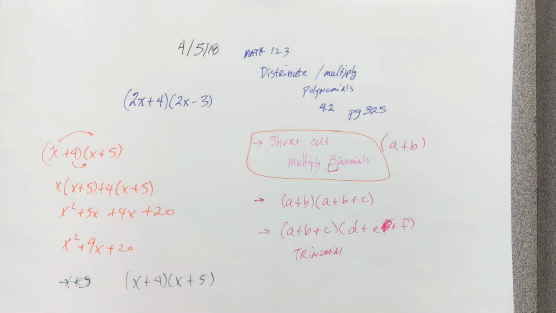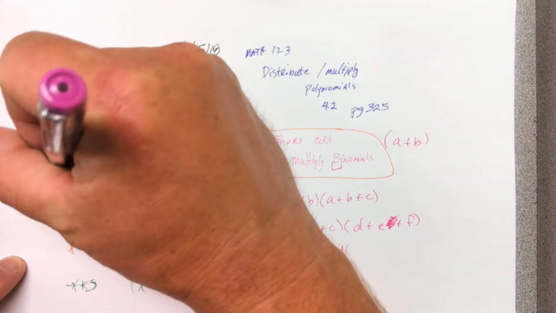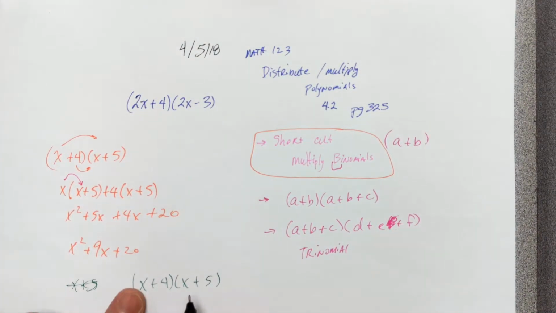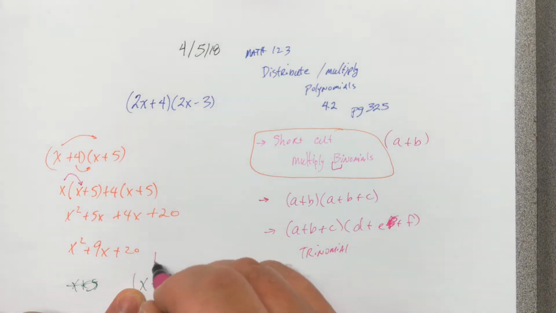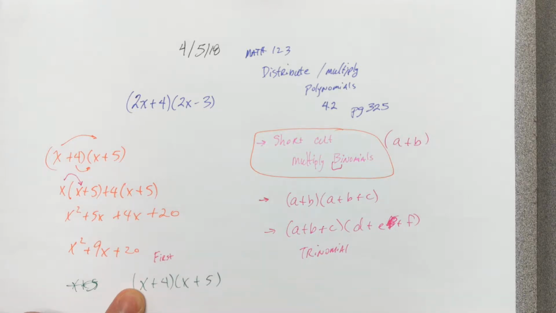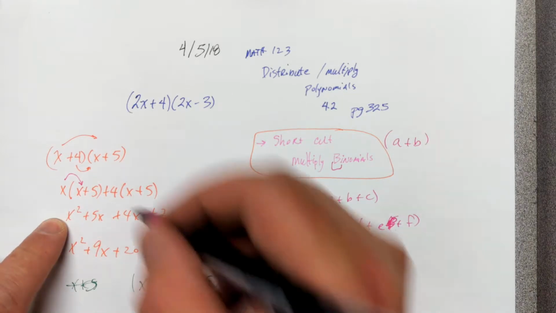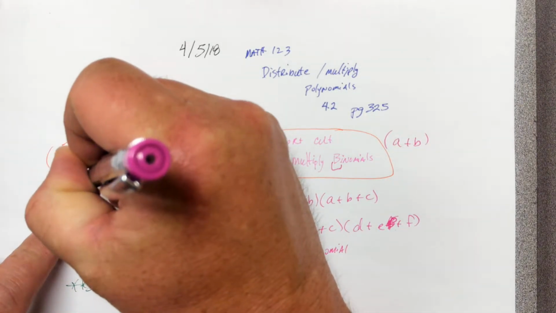So here's what I want to draw your attention to. When we do these two together right here, do you see? x times x? That would be this one times this one, right? That's what we're going to call first. This one times this one. That's how we got that. And then the next thing we do is this times this.